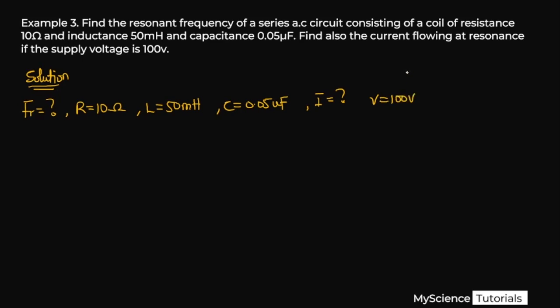All right, so this is very, very easy. So the first thing we have to do is to find the resonant frequency. We know that resonant frequency is equal to 1 over 2 pi the root of LC. We have L, we have C, we know 2 pi, so it's easy for us.